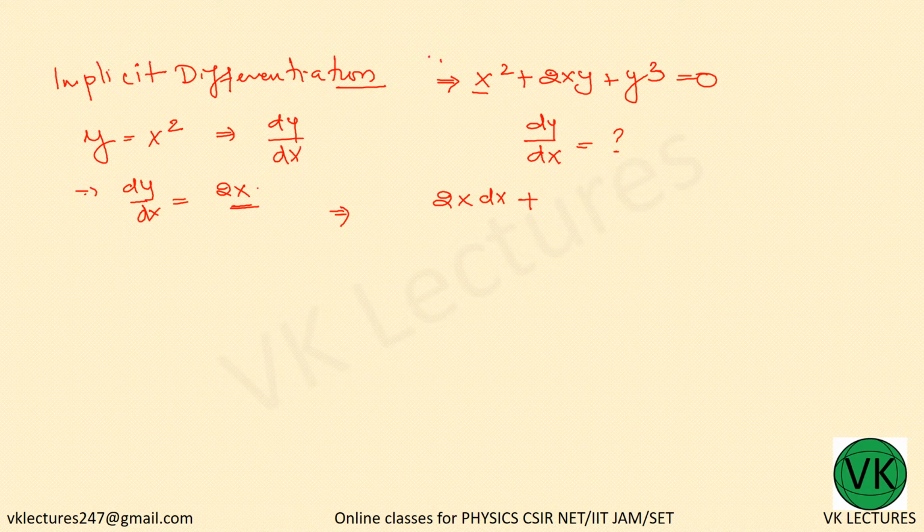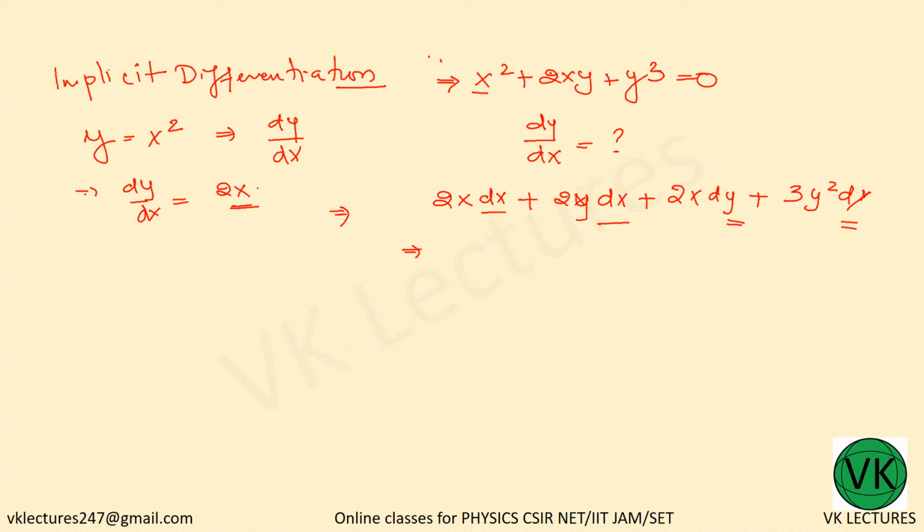Plus, here you have x and y, so that is 2y into dx plus 2x into dy, correct, plus 3 times y square. Here we don't have any x term, so y square dy. Now bring the dx terms together. Here you have dx, here dy, and this is dy.